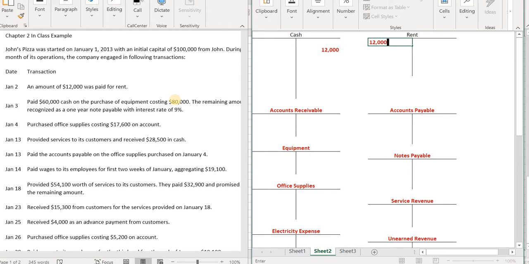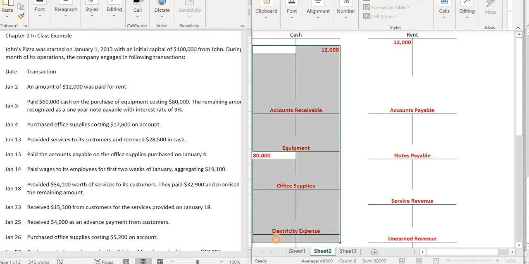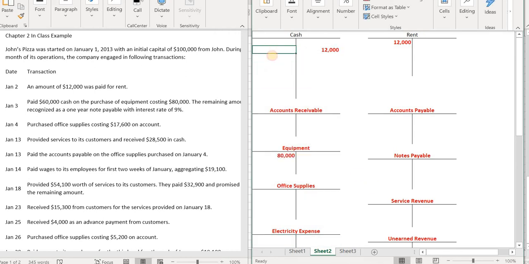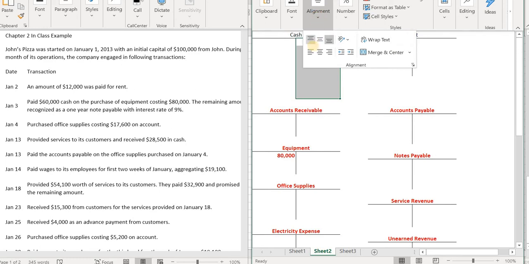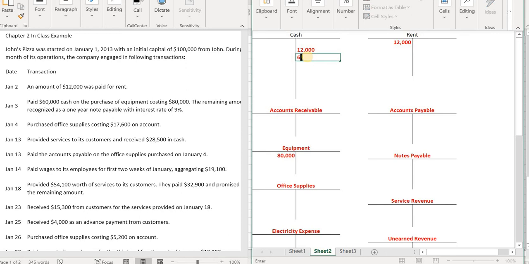Okay, let's see how you did. I got equipment worth $80,000. What else happened? I paid $60,000 cash, so cash is going to go down by $60,000.